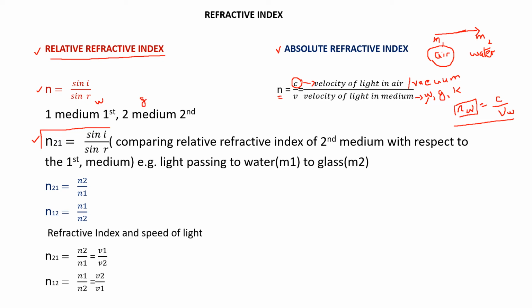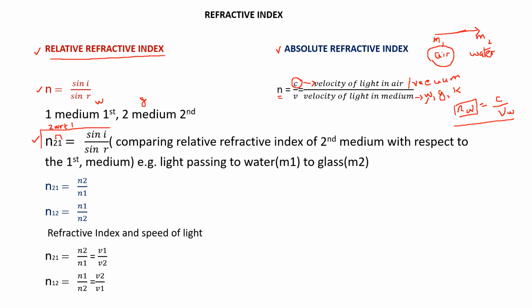If I'm writing the refractive index of medium 2 with respect to medium 1, listen to me, refractive index of medium 2 with respect to (WRT) medium 1. This is how I need to say it.